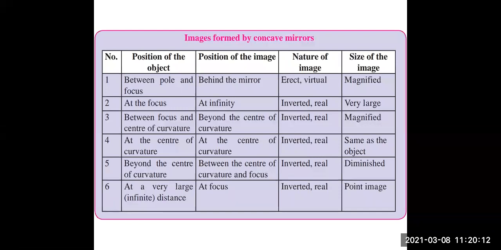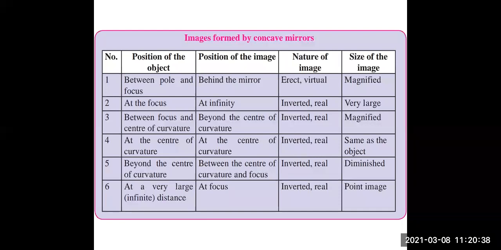Now, these things are a bit difficult to visualize. You might not be able to visualize them within a click, but when you go through these diagrams, try to figure out where the object is, how the image is formed, what kind of image it is, what the nature of the image is, and the size of the image.